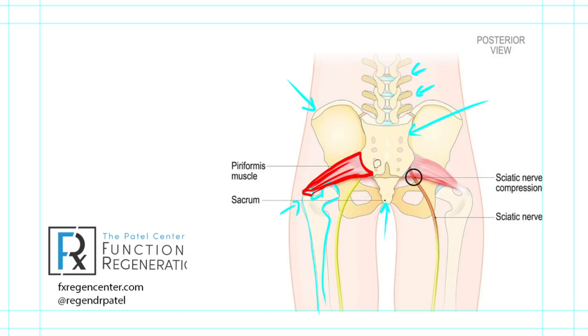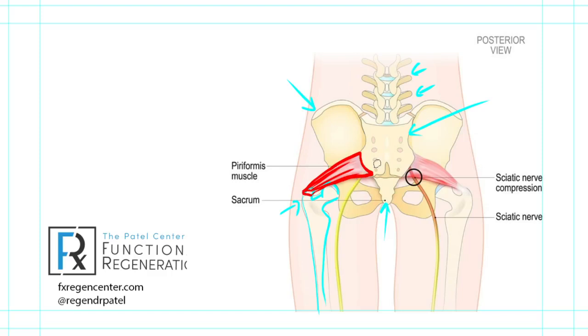And that piriformis muscle is an important muscle that's in charge of externally rotating your hip, spreading your legs to a certain extent, and even uncrossing your legs or crossing your legs. This muscle is a thick and important muscle that, quite frankly, oftentimes gets irritated in one way, shape, or form, and sometimes can be the thing that's causing sciatica, or the thing that's causing irritation to the sciatic nerve.